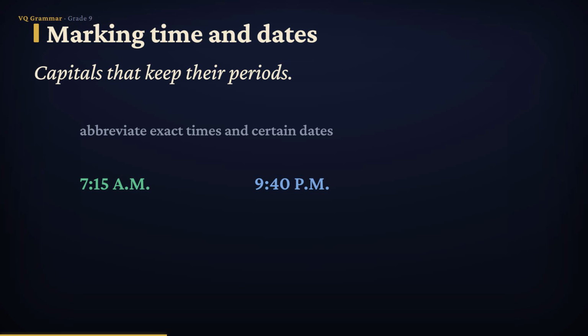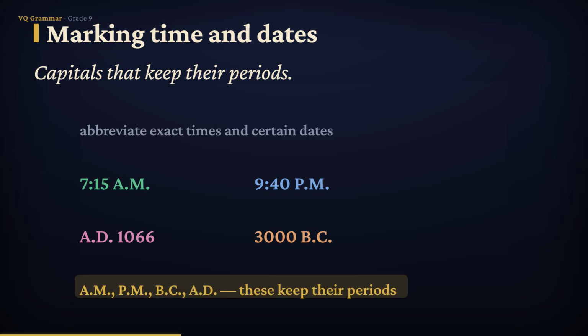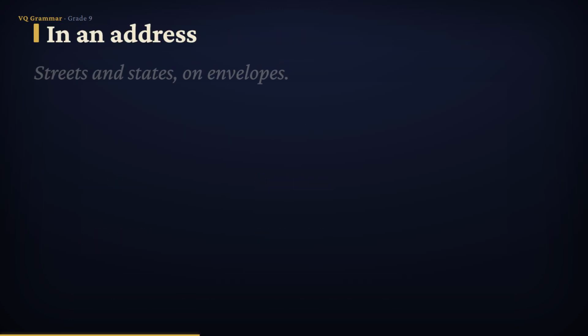AD for dates in our era, written before the year, as in AD 1066, and BC for dates before it, written after the year, as in 3000 BC. Each of these little abbreviations keeps its periods, A.M., P.M., B.C., and A.D. And remember, they belong with actual numbers. Don't write, see you in the P.M. Save it for a real time, like 4:30 PM.